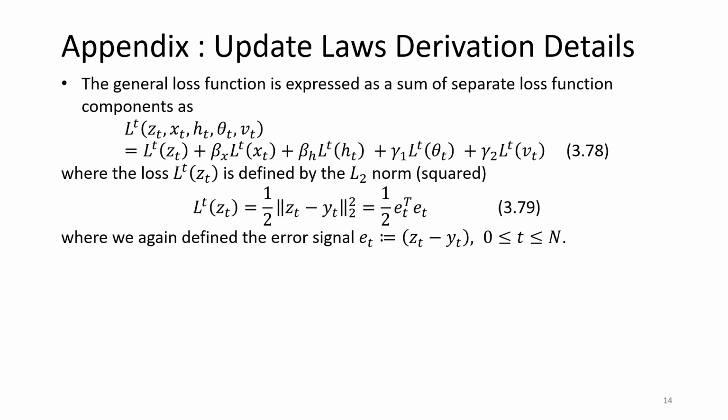As we have done before, the general loss function is expressed as a sum of separate loss function components as written in equation 3.78, where the first term, the loss function L_t of z_t, is defined by the L2 norm squared, as shown in equation 3.79, where we again define the error signal e_t equals z_t minus y_t, and t ranges from 0 to n.